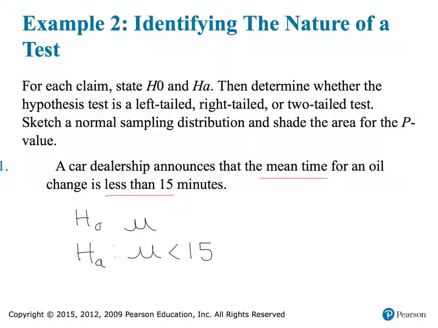Our null would therefore say that mu is greater than or equal to 15, which we have again identified is the complement. So we look at our alternative hypothesis in order to help us determine if it's a left-tailed, right-tailed, or two-tailed test. It's pointing to the left, and therefore it is a left-tailed test.